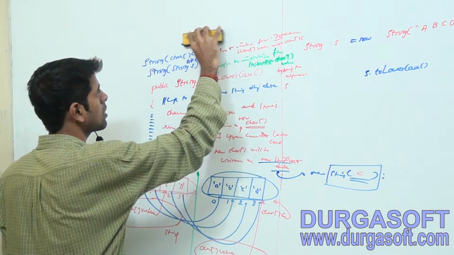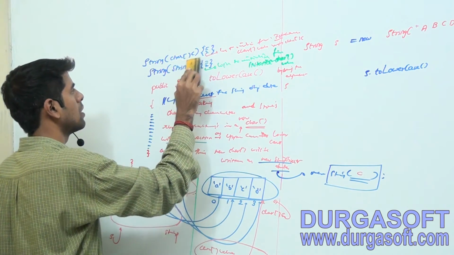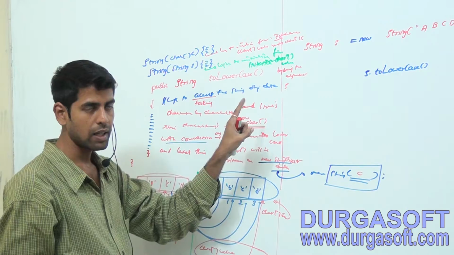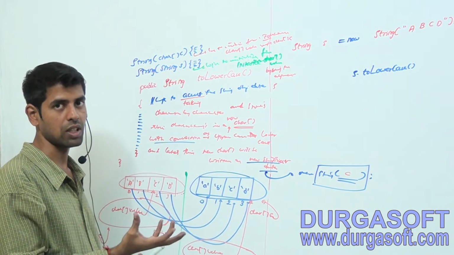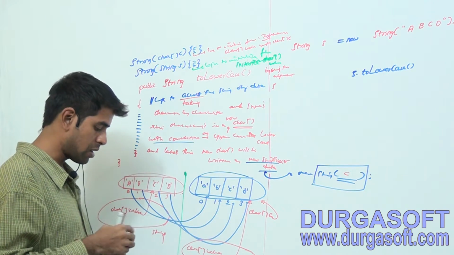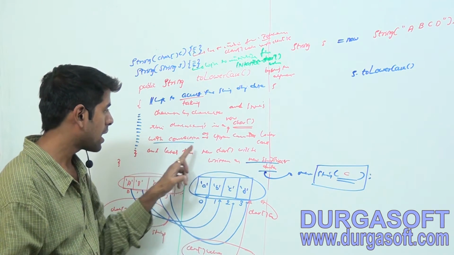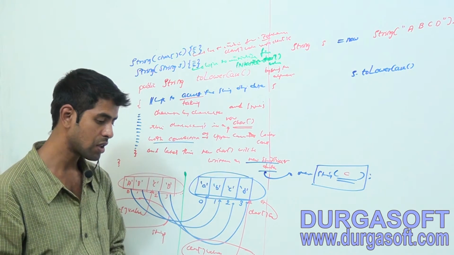Now observe. Now this toLowerCase method is returning a String object with our wanted output. That is, all will be lowercase only. One small thing here. If you observe, the conversion is uppercase to lowercase.